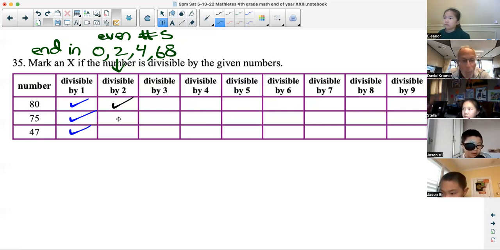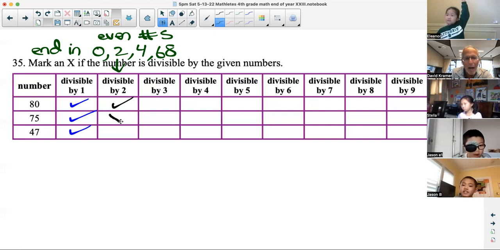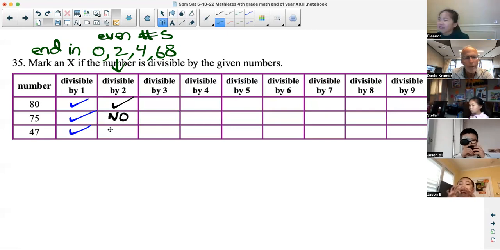So don't say no when the answer is clearly yes. Jason B, what about 75? No, because it ends in a 5, which is not 0, 2, 4, 6, or 8. Right. So we'll just put the word no. How about 47, Eleanor? No, that's an odd number. Right.